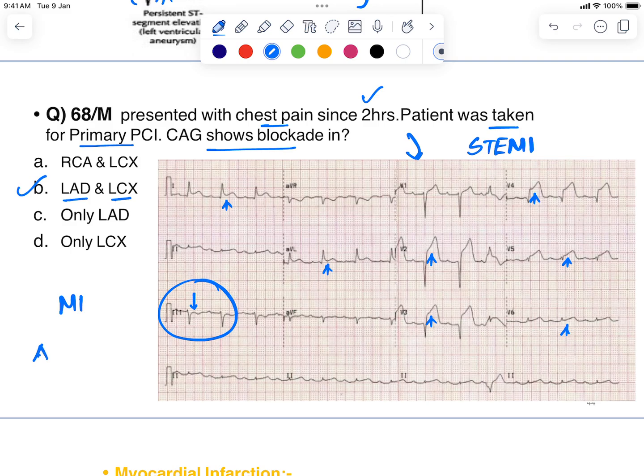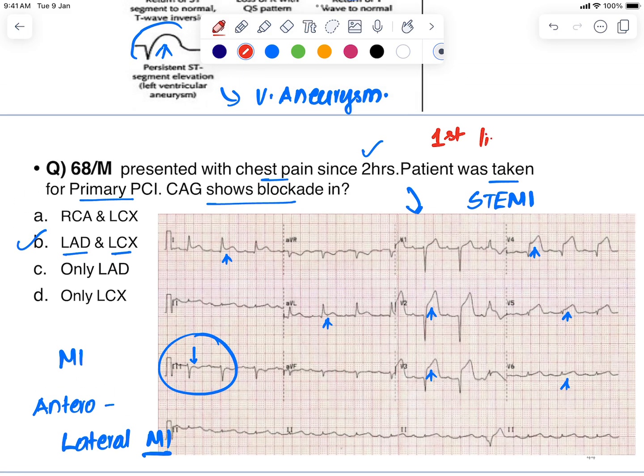And what MI is this? It is anterolateral MI, right? And in these patients, what will be the immediate best treatment? What will be the first line treatment? You need to give antiplatelets, that is aspirin, right?